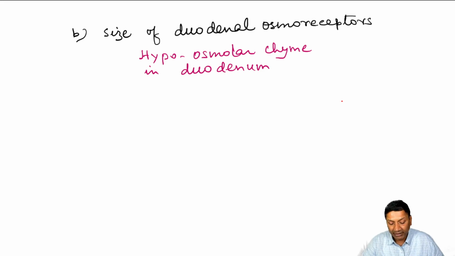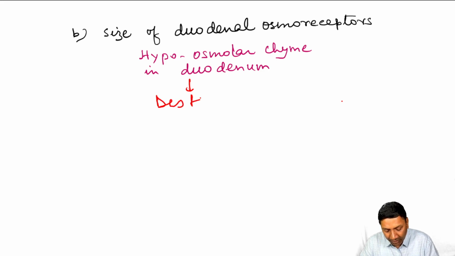What happens is, the hypoosmolar chyme in the duodenum will lead to distension of the osmoreceptors in the duodenum, right? And this distension of osmoreceptors will lead to mild inhibition of gastric emptying.